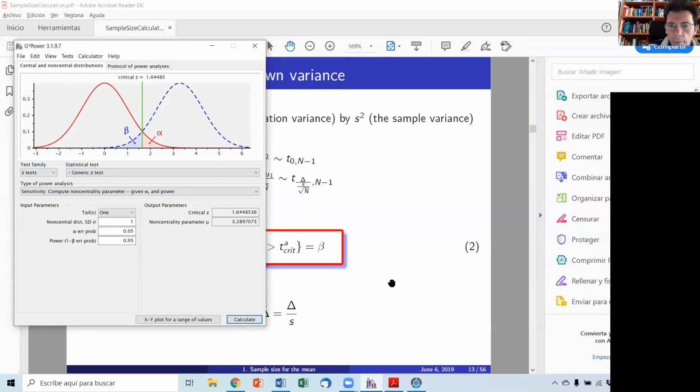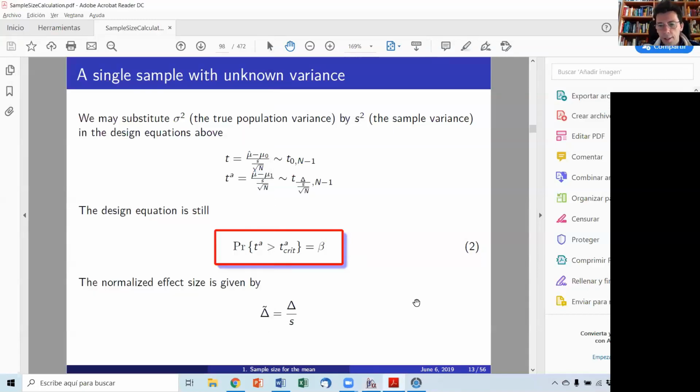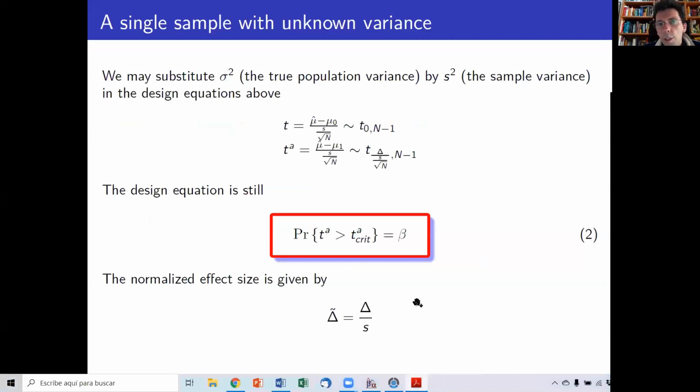So the most important part of your design is identifying which is your case. So I need to estimate the variance from the sample, or I don't. Then I will use a t-test or a Gaussian test.